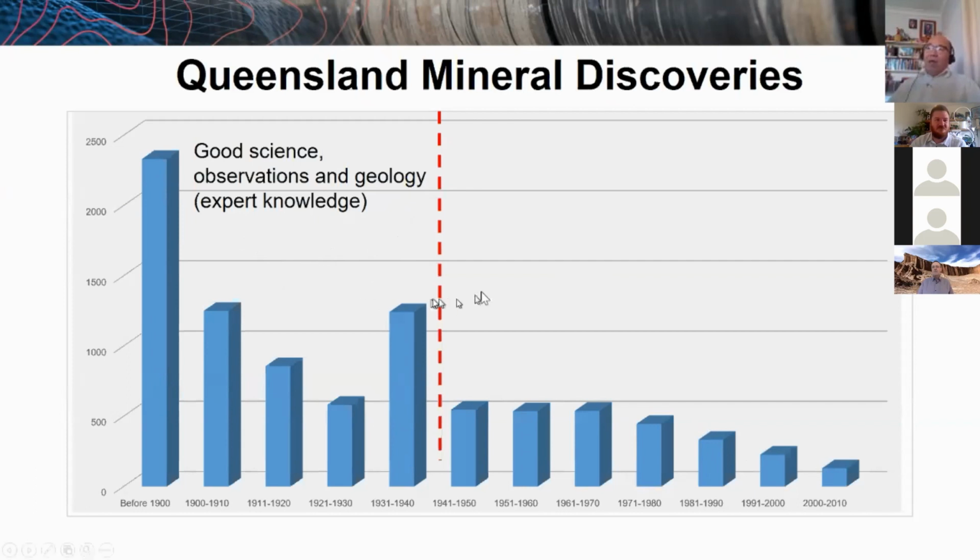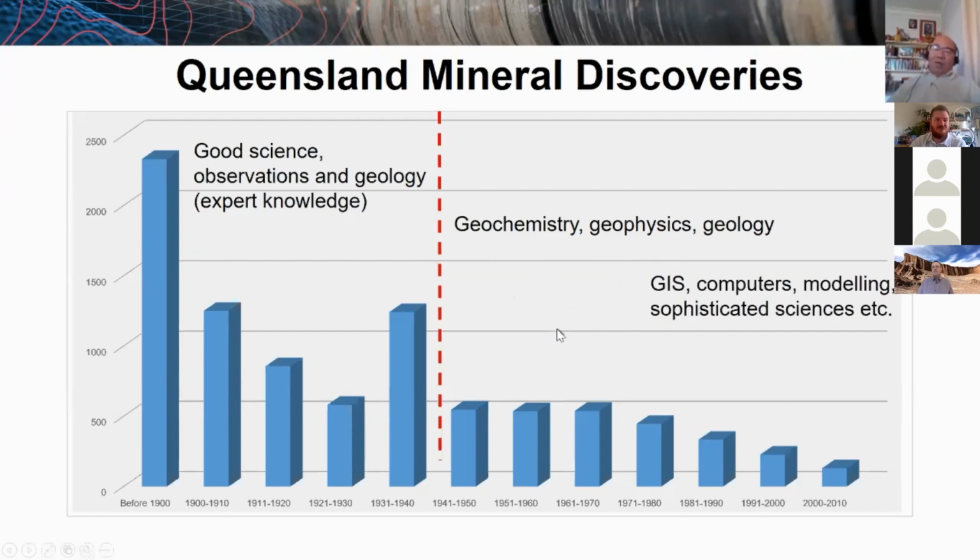Darling Downs. It's only after the Second World War that geochemistry, geophysics, and geological modeling were used in the discovery of mineral deposits. And in the 80s, when computers became fashionable, things like GIS, modeling, and other computer-related science were adopted.